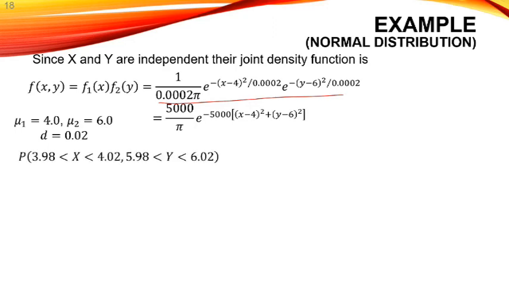So the probability that the diameter x is from 3.98, so may difference na 0.02, up to 4.02, and yung kanyang length is with difference of 0.02, 5.98 hanggang 6.02.